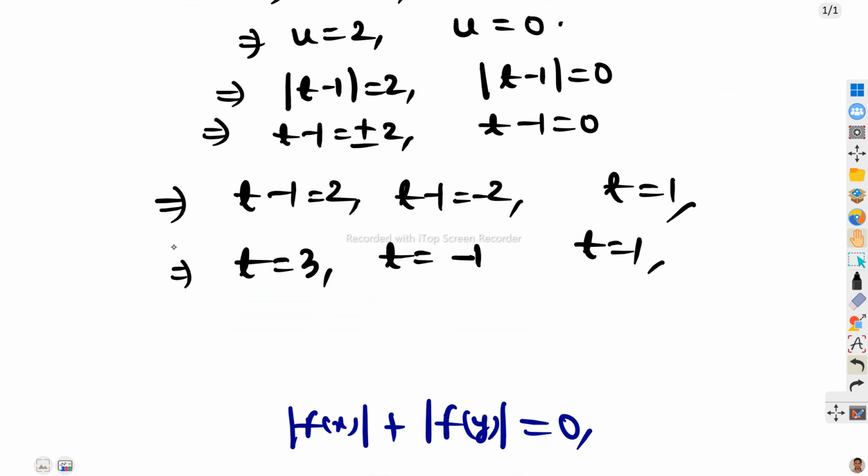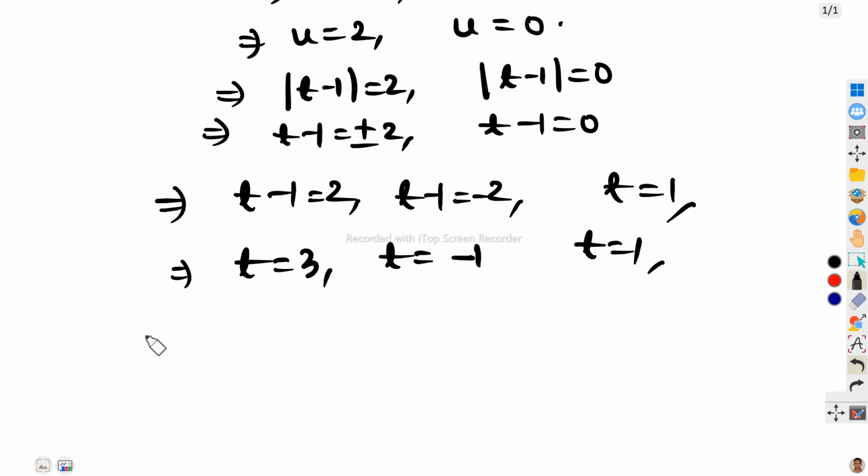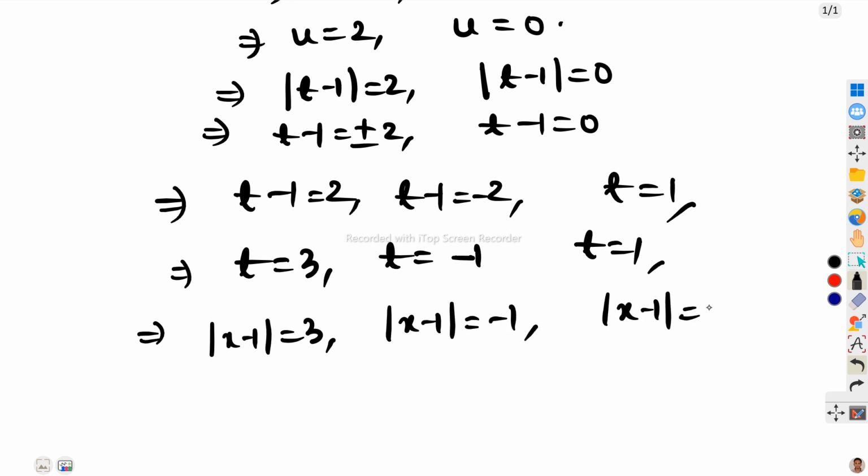So |x − 1| = 3, |x − 1| = −1, and |x − 1| = 1.